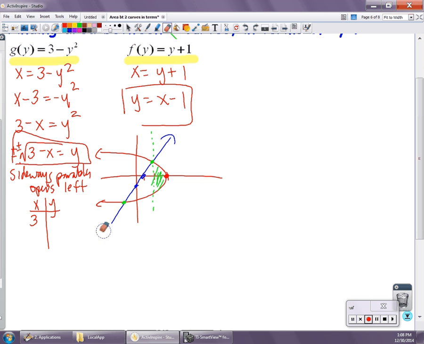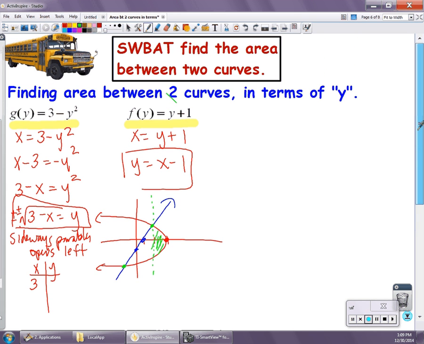Here, I'm just going to give myself a little more space to work. So I'm going to deal with the problem in terms of y, because instead of a clear top curve and a clear bottom curve, there's a clear right-hand curve and a clear left-hand curve. Now what we were doing before when we were in terms of x, we were going from the lower bound point of intersection to the upper bound point of intersection, and we were doing the top curve minus the bottom curve in terms of x.